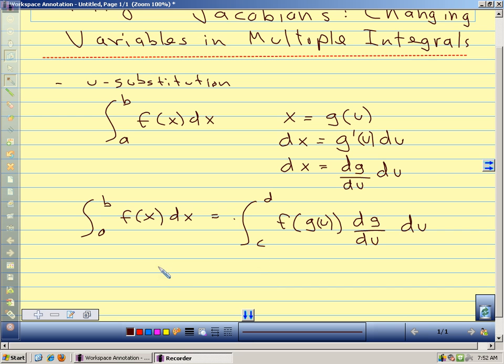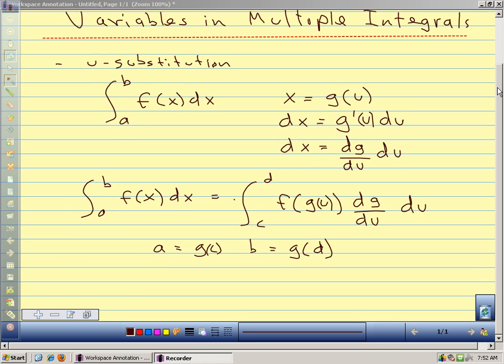And a is g of c, and b is g of d. So this is a drawn out example of how we change variables in a single integral.